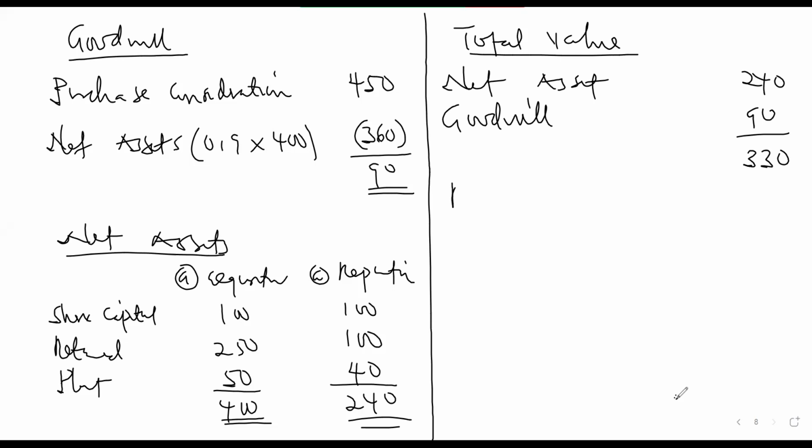Then we now compare with the recoverable amount under the first situation. The recoverable amount is 200. There will be an impairment of 130. Let me also show you how you can calculate the net assets here using the figures given to you.